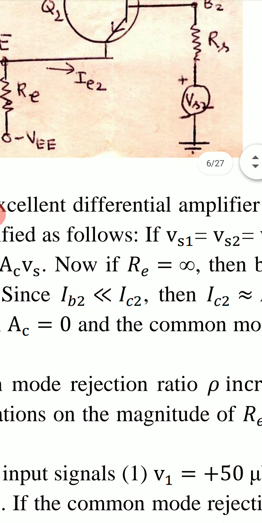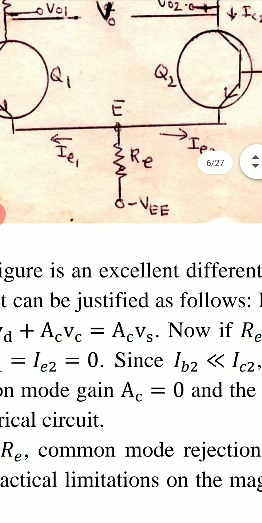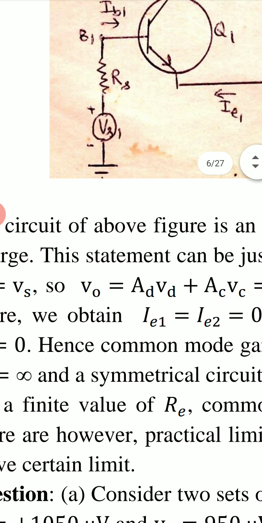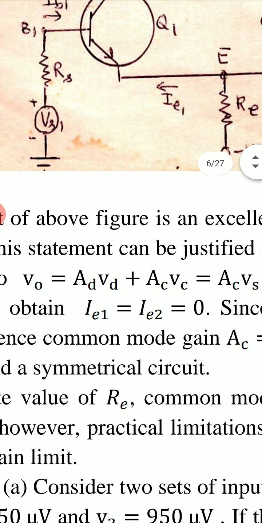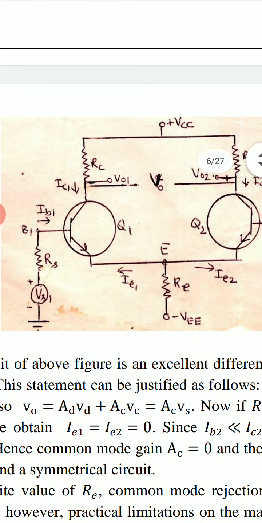Now if Re equal to infinity, then because of the symmetry of the figure, we obtain IE1 equal to IE2 equal to 0. IE1 and IE2 are the currents through the emitters of the two transistors Q1 and Q2.